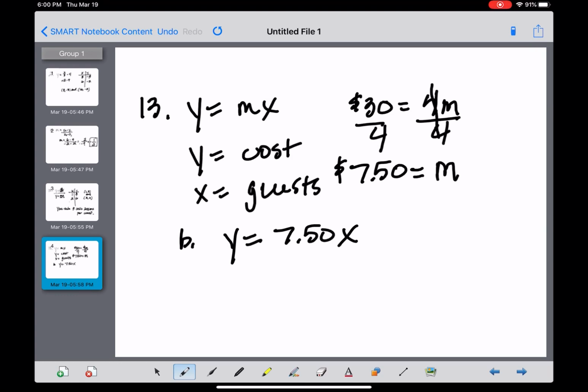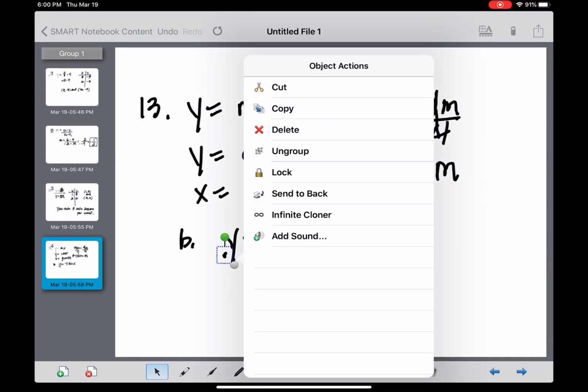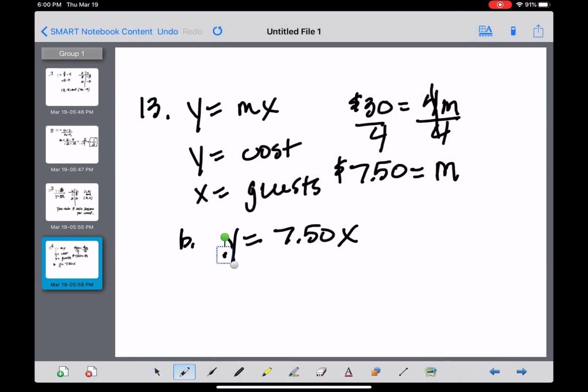It means that the total cost y is equal to $7.50 per guest. That's what the slope is telling us.